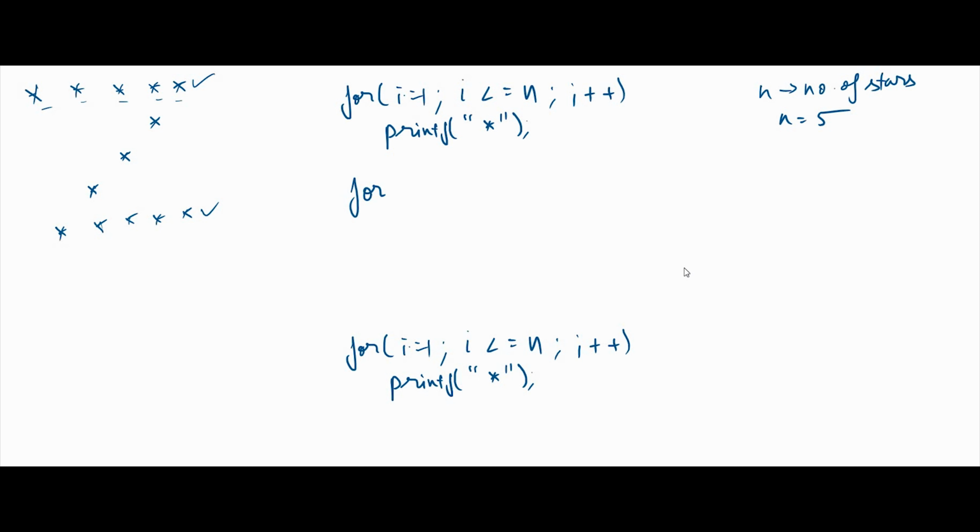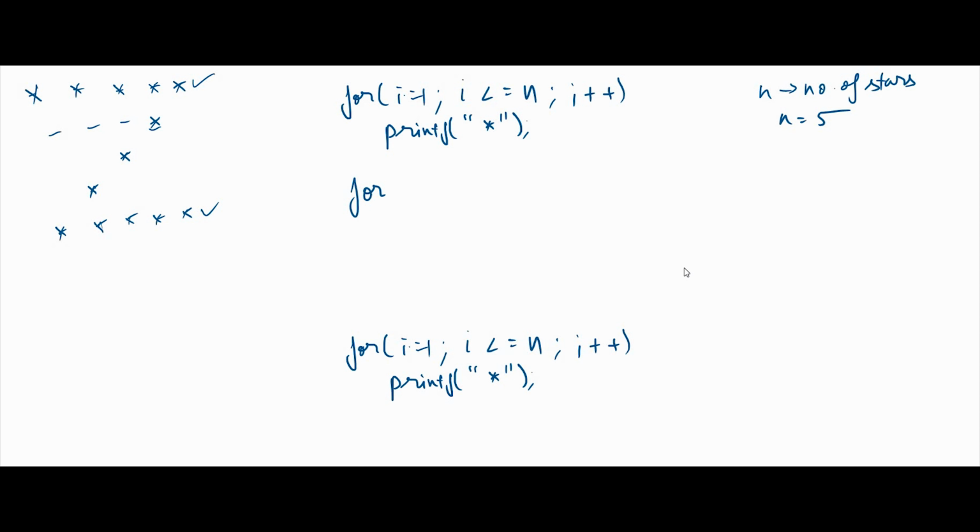For that, we need two more loops, nested inside each other. Once I'm done with the first line, if I pay attention to the next line, I need to print 3 spaces and then a star, and then I can move on to the next line. Here I'll print 2 blanks and then 1 star, and then 1 blank and 1 star.